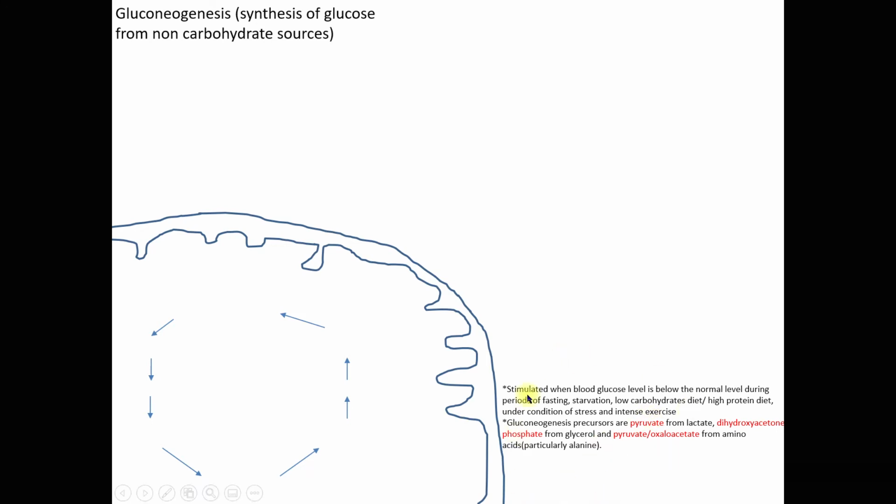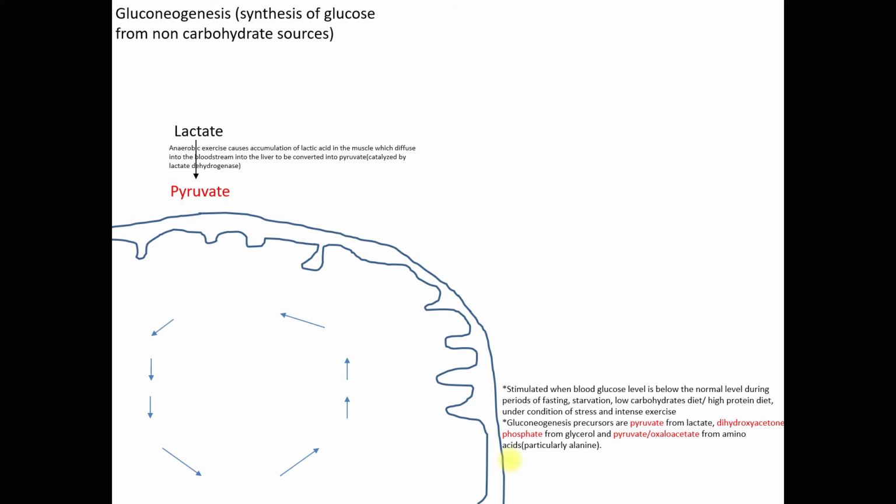So gluconeogenesis precursors are pyruvate from the lactate, dihydroxyacetone phosphate from the glycerol, and pyruvate or oxaloacetate from amino acids, especially alanine. So now, what happens in gluconeogenesis?